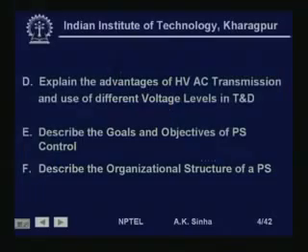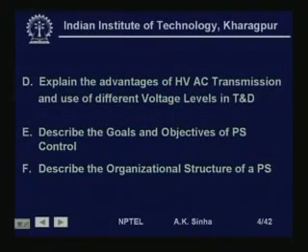We will also talk about, or you should be able to talk about, the advantages of high voltage AC transmission and the use of various voltage levels in transmission and distribution. You should be able to describe the goals and objectives of power system control: why we need this control, what the basic objective is, what we want to do with it.